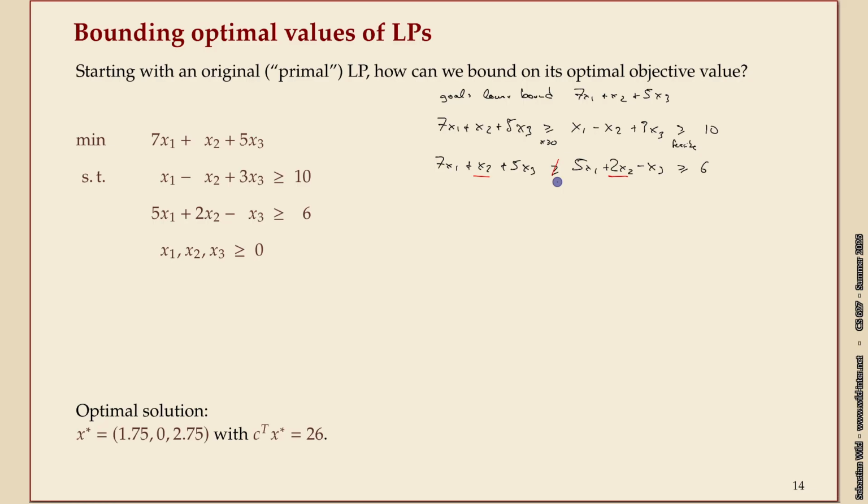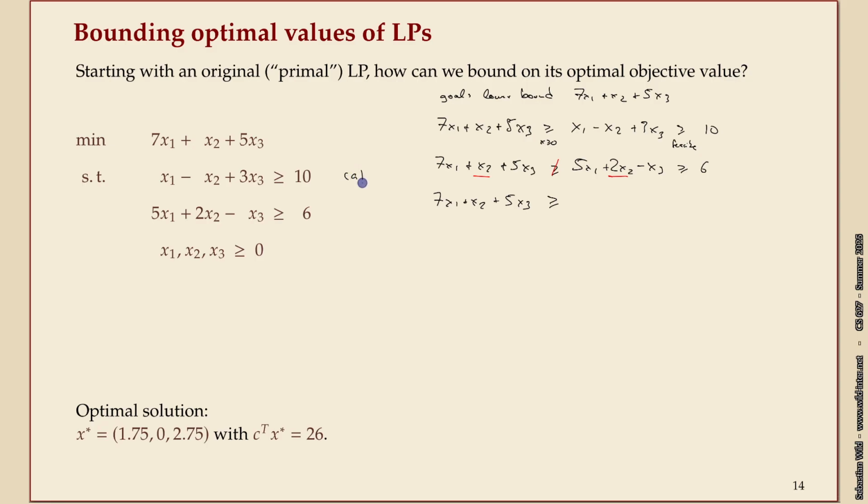Now, what else could you do? These are inequalities, and inequalities can be added up. If you add up those two, you get 6x1 plus x2 plus 2x3. These are component-wise smaller than our objective. So I can take the sum of the two constraints.